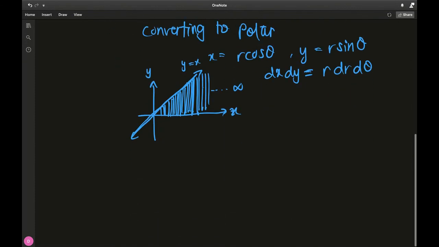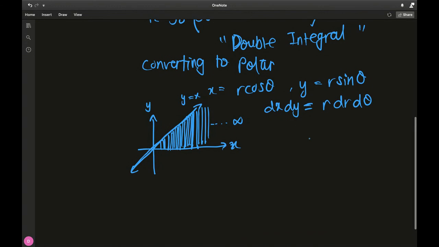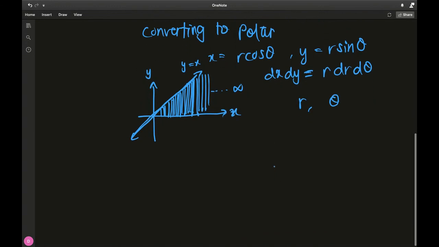So that's our region. Now converting that to polar coordinates shouldn't be much of a challenge, because in polar coordinates we only care about r and theta. So r, the farthermost you go from the origin is infinity, because x is going from 0 to infinity. So r is going from 0 to infinity.